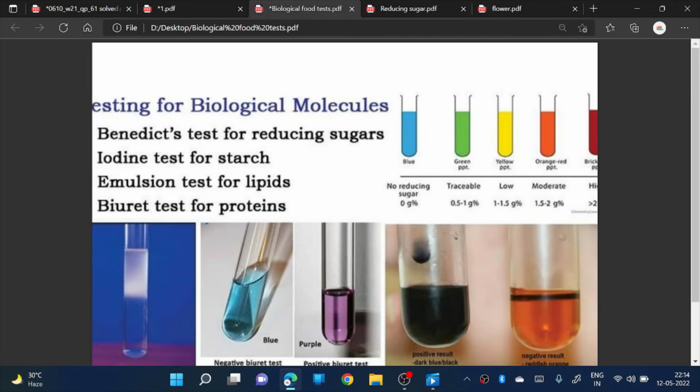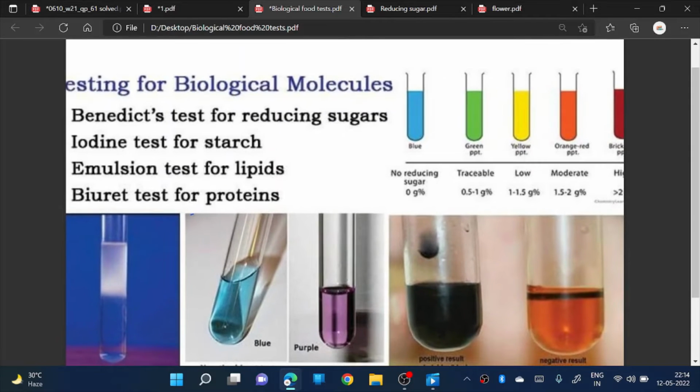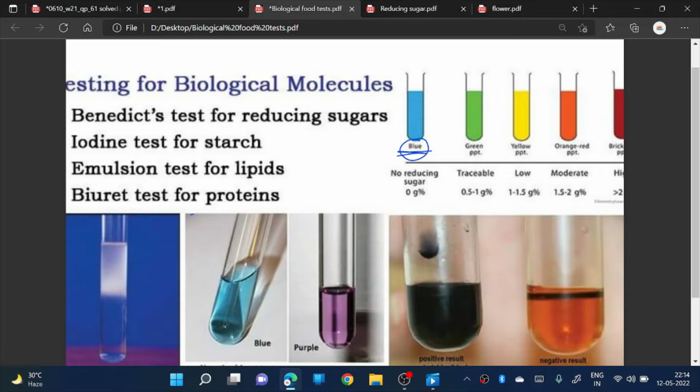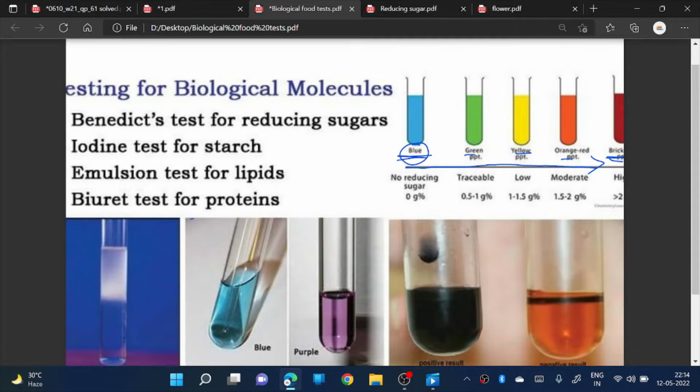You can have a look at these particular color models that I have kept ready for you. Here you can see that this is Benedict's reagent original color, which is blue. As the amount of sugar increases, it will move from green, yellow, orange to brick red, which confirms the positive results.